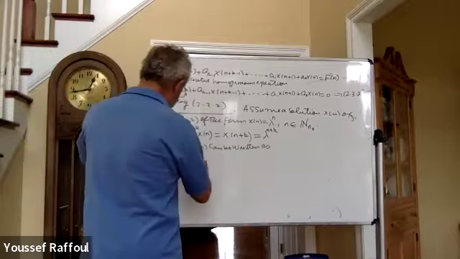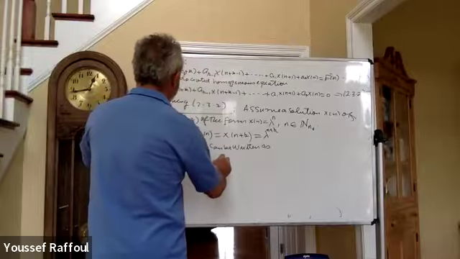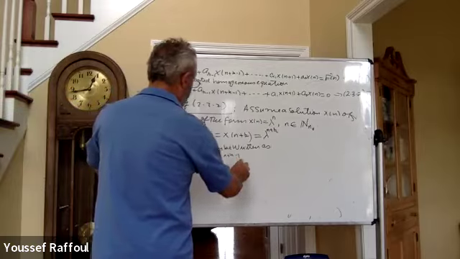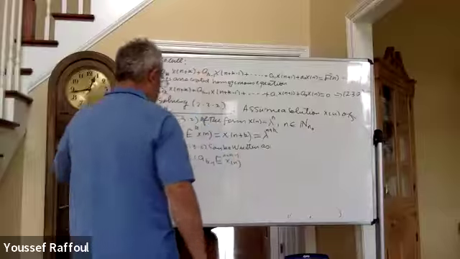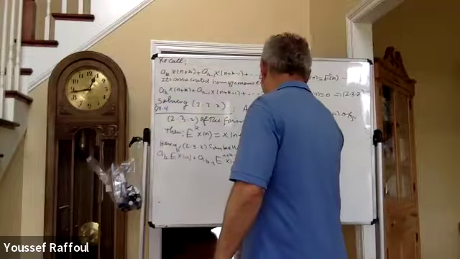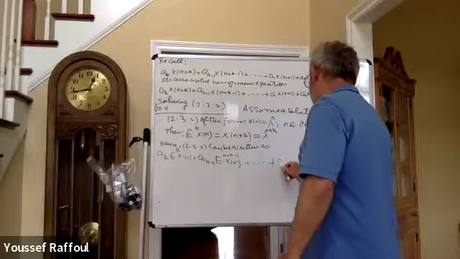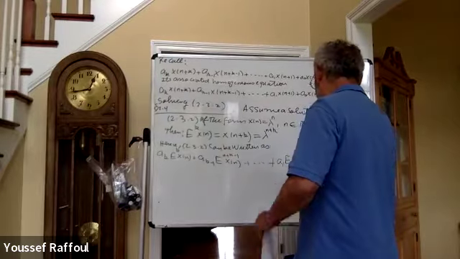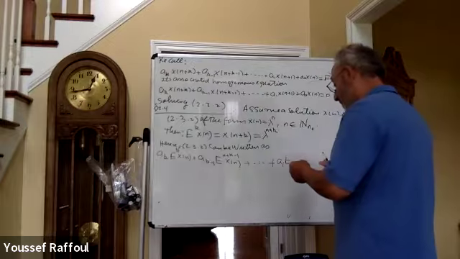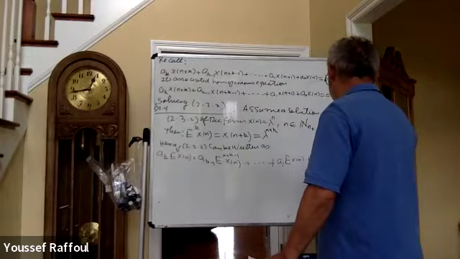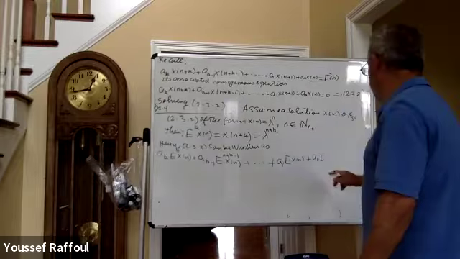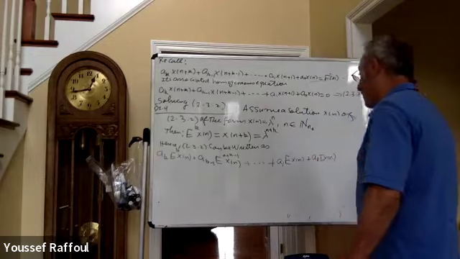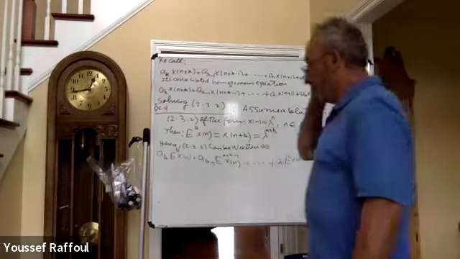Then this equation can be written as ak E^k of xn plus a(k minus 1) E^(k minus 1) of xn plus, up to a1 E of xn plus a0 xn equals 0.